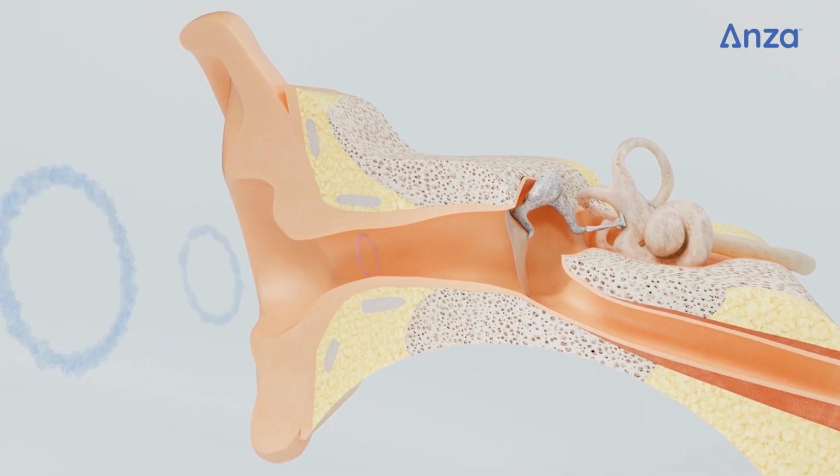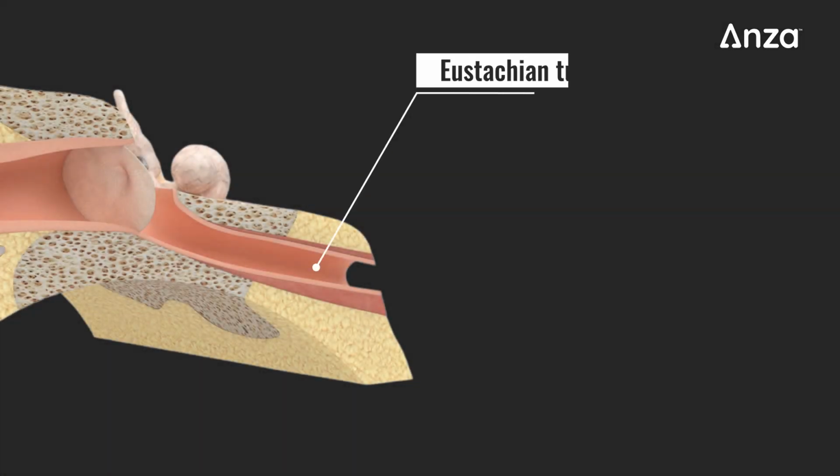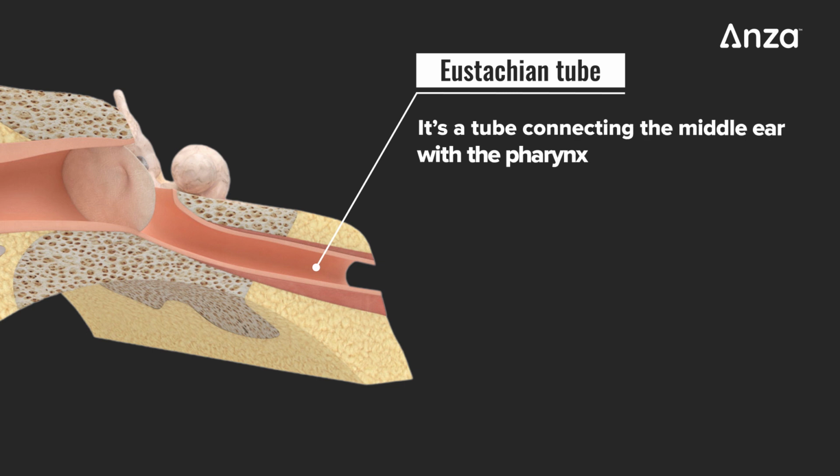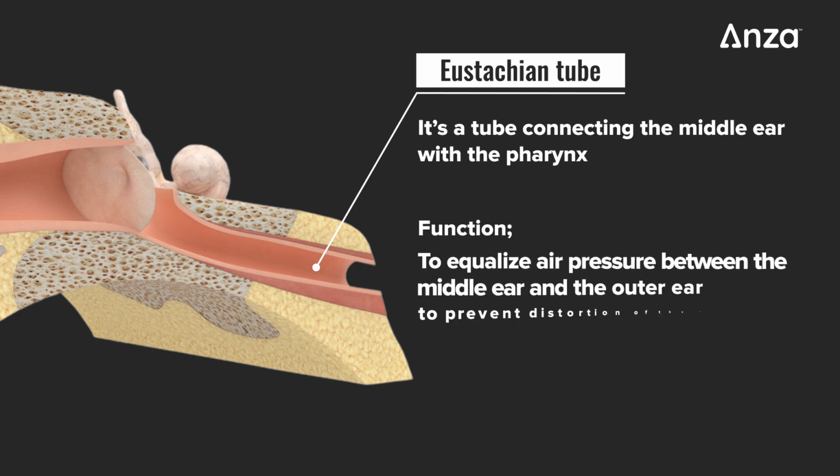Now, the eustachian tube is a tube connecting the middle ear with the pharynx. Its function is to equalize air pressure between the middle and the outer ear to prevent distortion of the eardrum.